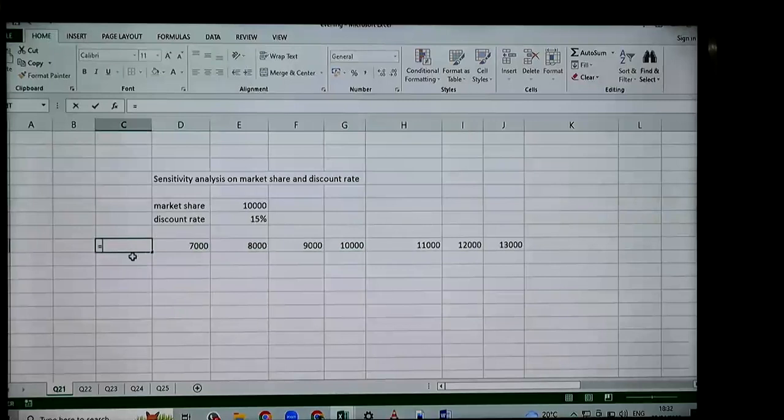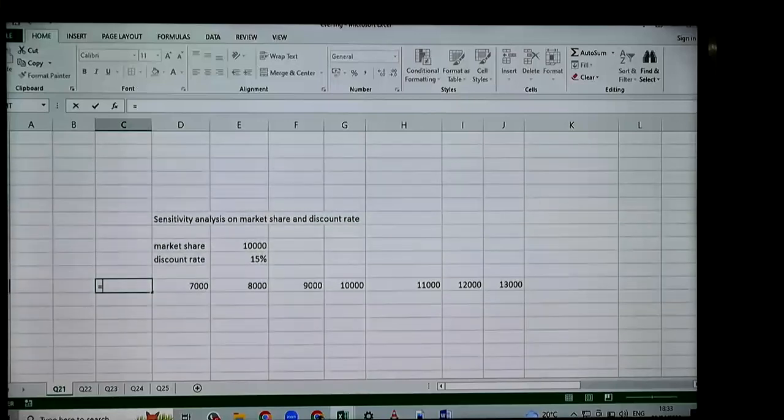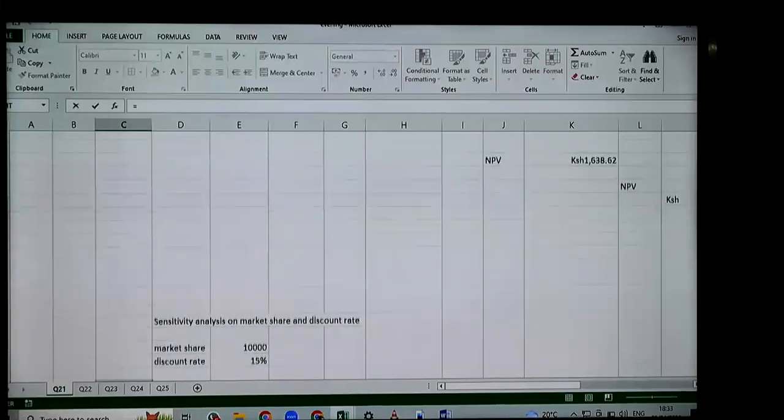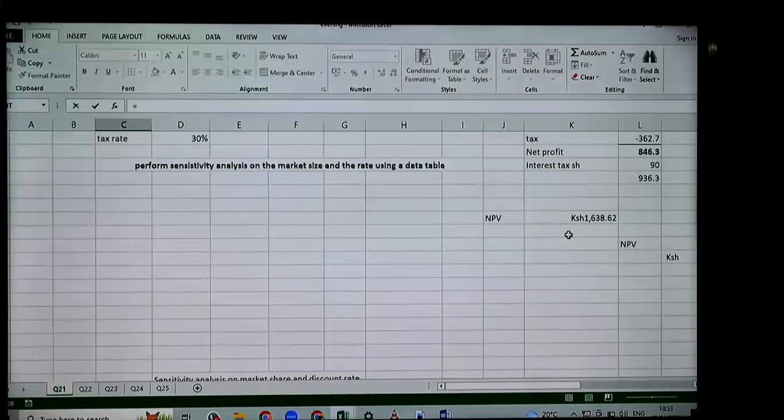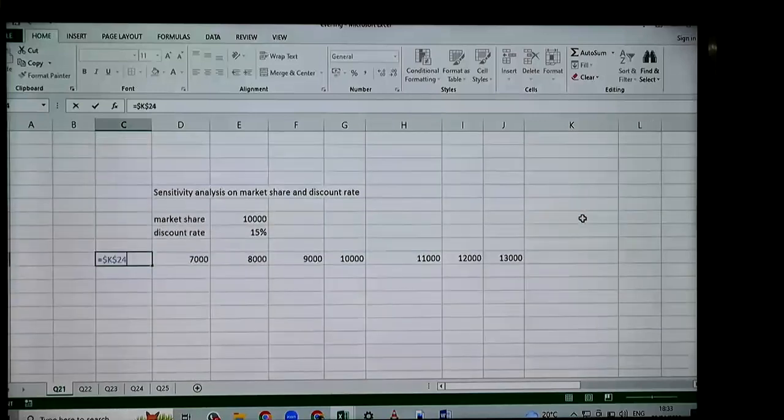Because we are doing the NPV sensitivity analysis, we will link the NPV. Make sure you are taking it from the cell it is in. You see that we found our NPV to be 1638 here. We take this one, and then we press F4, Control Enter.